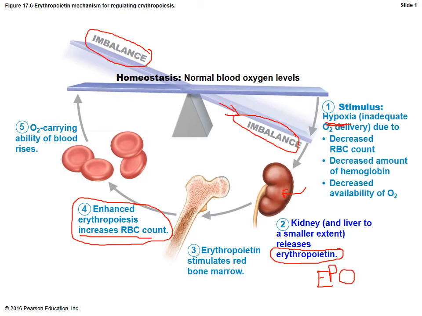And the more red blood cells you have, the more hemoglobin you have, which means the higher amount of oxygen you can carry. So you get rid of that hypoxia, and by doing so, you reestablish the homeostasis within the body. So this would be a perfect example of hormonal control of red blood cell production.